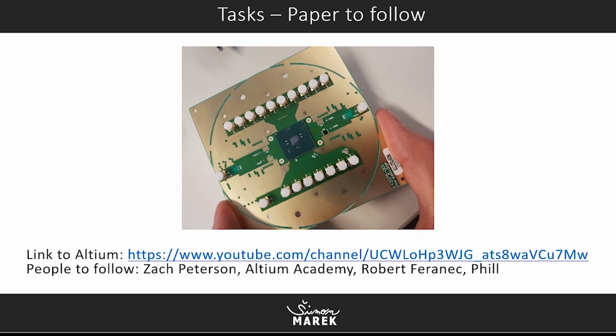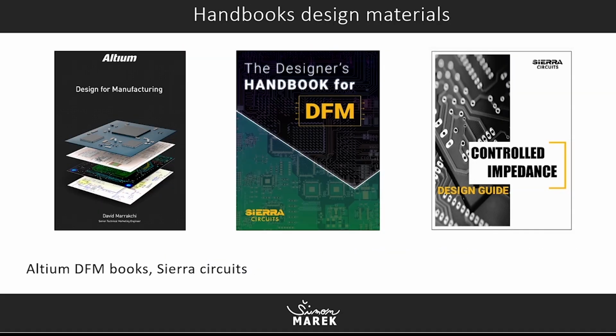You can choose what you need. There are also handbooks and materials to follow for design for manufacturability. The first place is the Altium Design for Manufacturing Handbook. This is the first thing to look at.